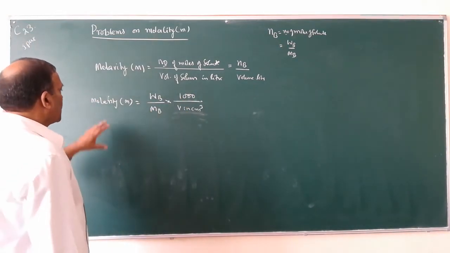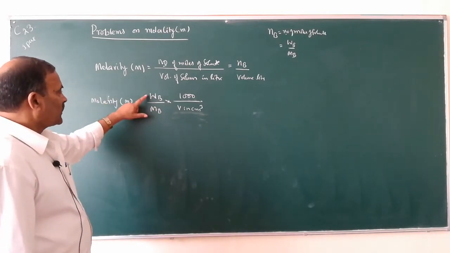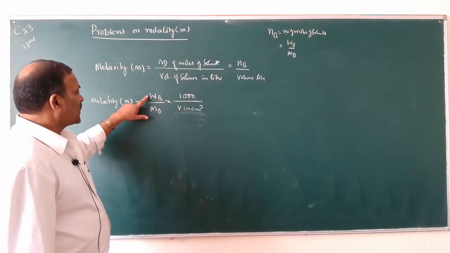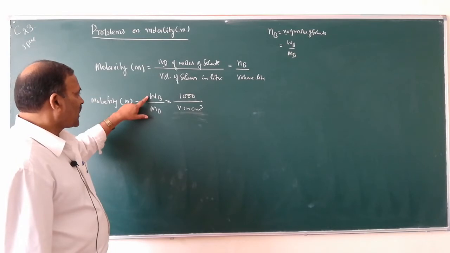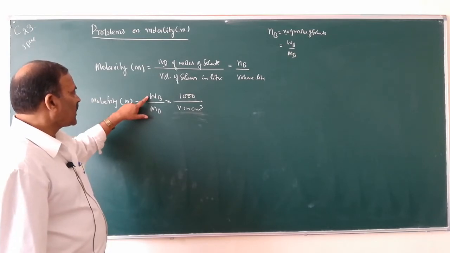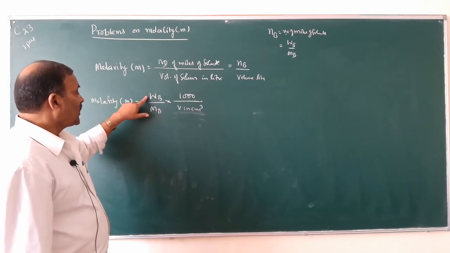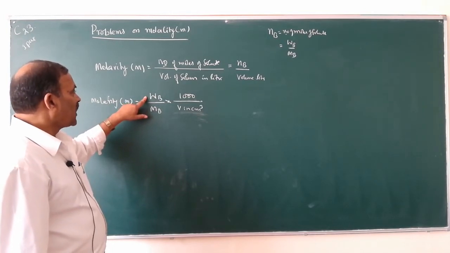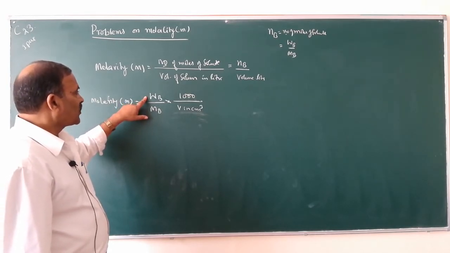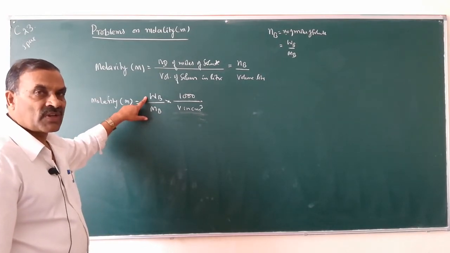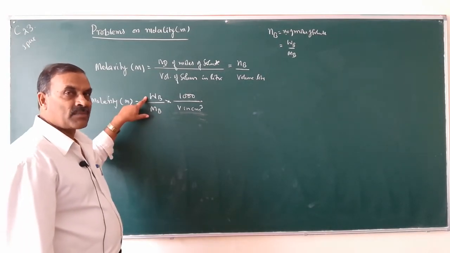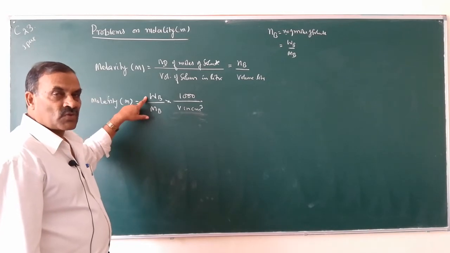So, if the weight of the solute is 1 gram molecular mass, 1 gram molecular mass is also called as 1 mole. For example, what is the molar mass of sodium chloride? 58.5 gram is called 1 gram molecular mass of sodium chloride.